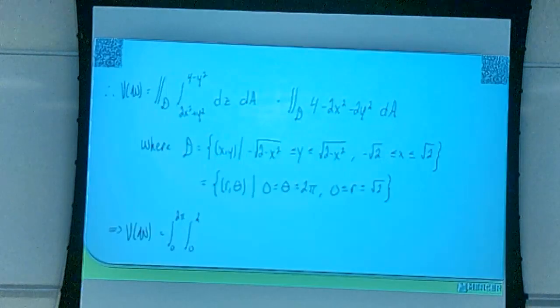Write the integrand in polar. What is it?